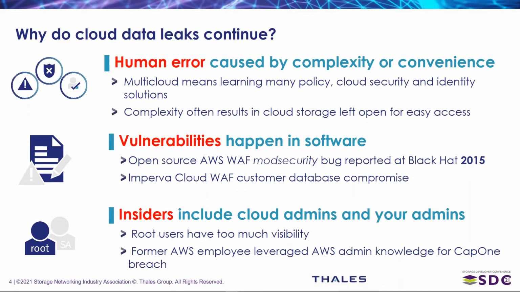First, basically, human errors. I would guess that policies supporting a large, complex cloud environment can get quite complicated and messy, and therefore one can expect things to be buggy. Second is the fact that bugs in software do happen and will probably continue to happen. And historically, insiders have always been a problem.